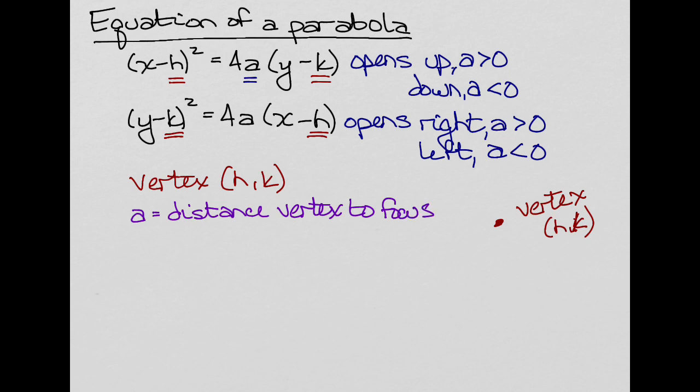So if I start at the vertex and go a distance of a, the focus is on the inside of the parabola. So there's my focus. And this distance is a. Actually, since we said a could be either positive or negative, and I'm talking distance here, distance is always positive. So the absolute value of a is the distance from the vertex to the focus.